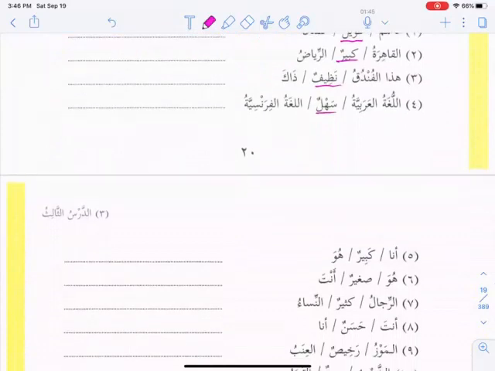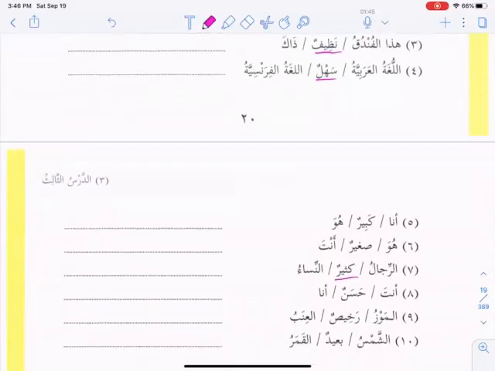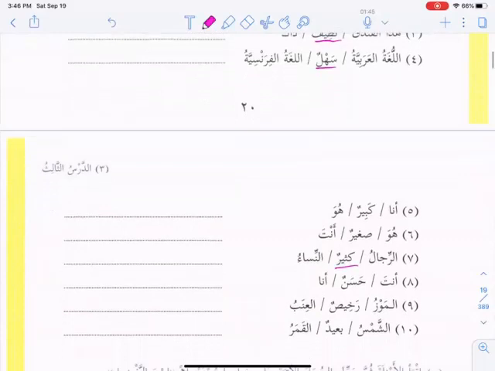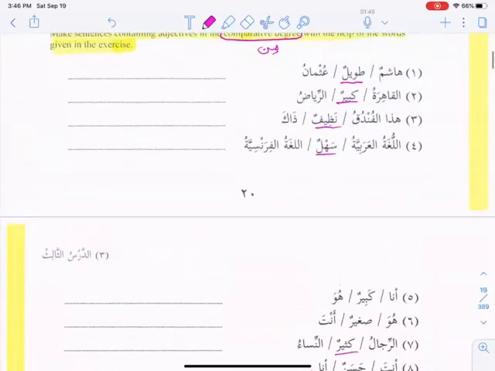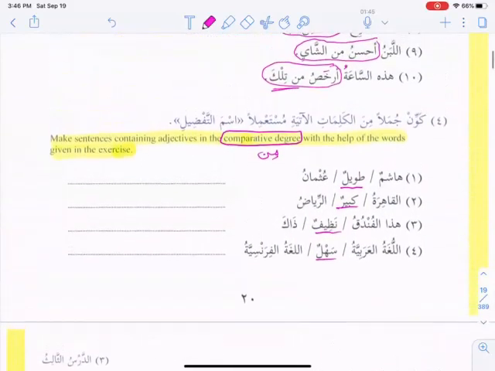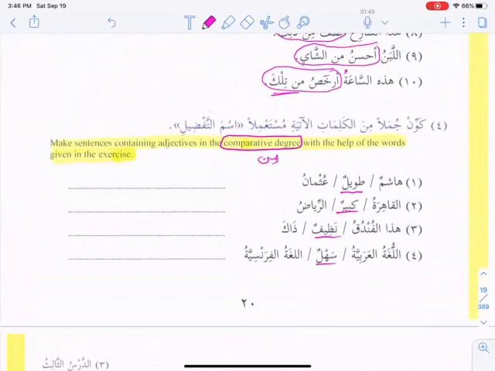Sagirun, Asgaru. Kasirun, Aksaru. Hasanun, Ahsanu. Rakhisun, Arkhasu. Baidun, Abadu. Did you get the idea? It's very beautiful.